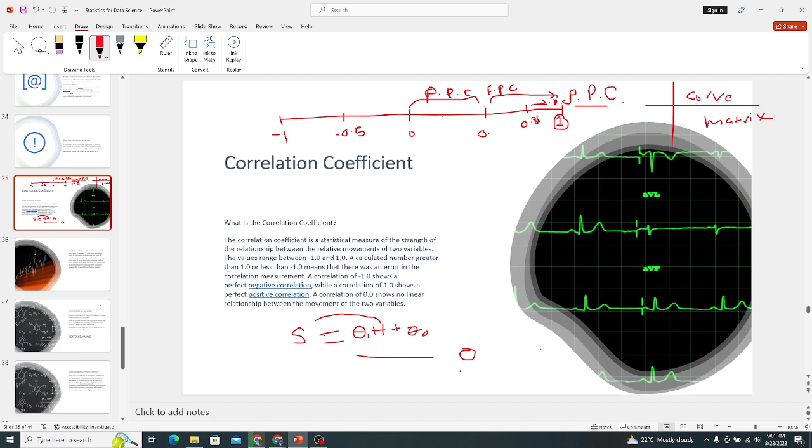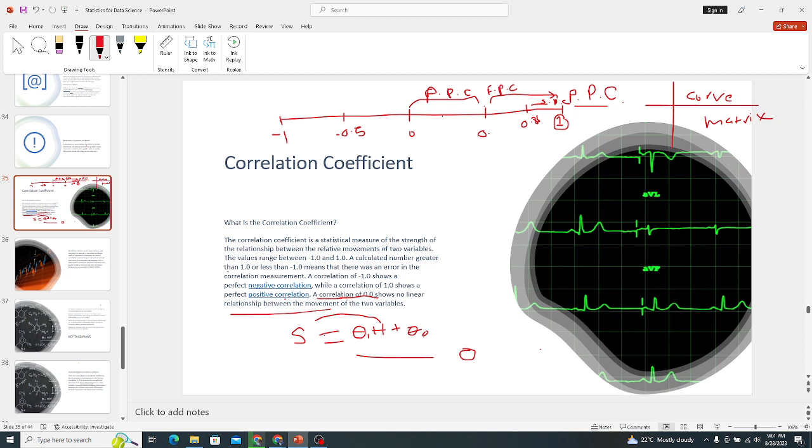We don't have any relationship. So in that case, we can say we will have a correlation of almost 0, meaning we don't have any linear relationship.